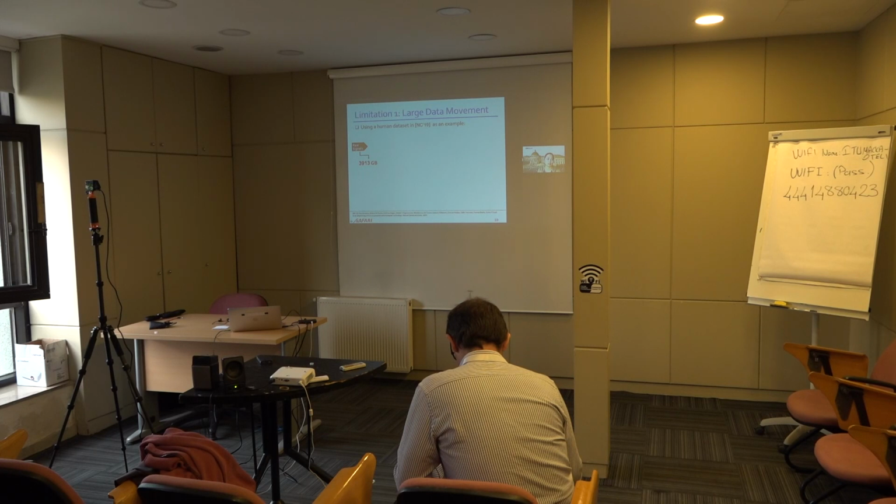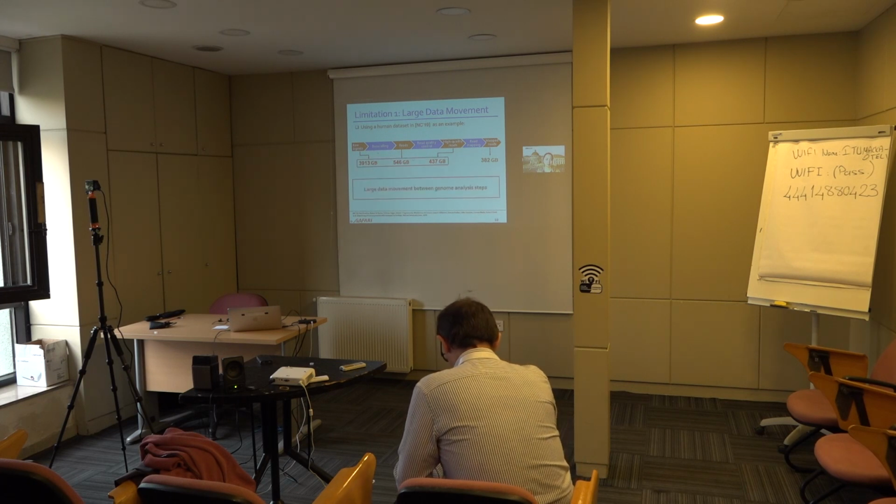In this example, for the raw signals, we have nearly 4,000 gigabytes of data, and after base calling, we have 546 gigabytes, and after the read quality control, we have 437 gigabytes, and after read mapping, we still have 362 gigabytes. As you can see here, between each step, we have large data movement between genome analysis steps.